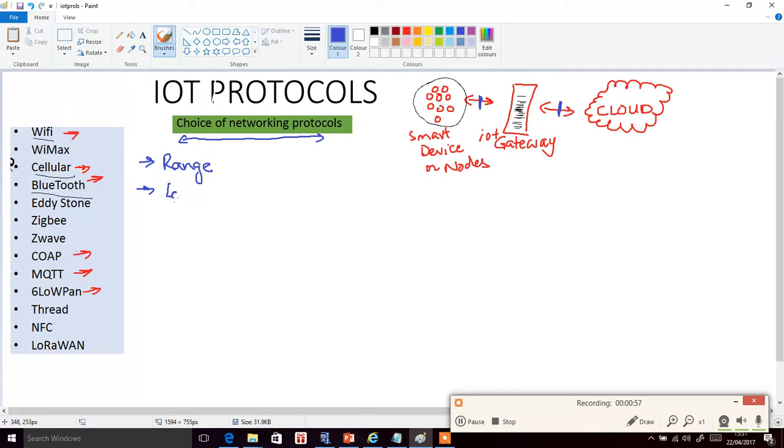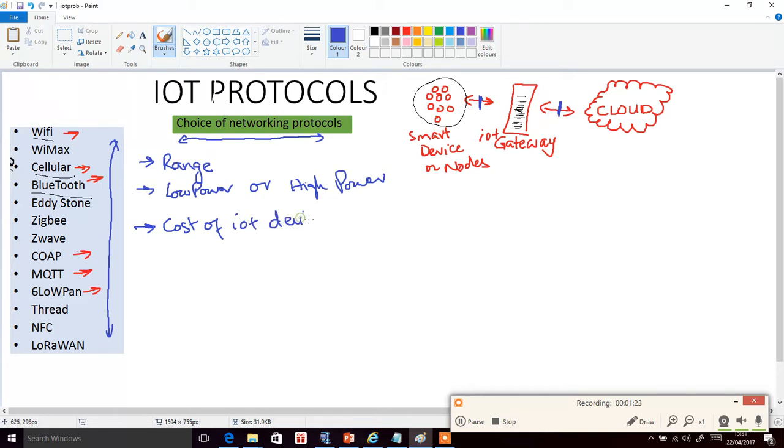Either they are low power devices or high power devices, because this is also a very important factor, because some of these protocols need low power, and some of them need high power devices. Another important factor is the cost of the IoT devices and gateway, and the fourth important factor is the size of our devices and the gateway.